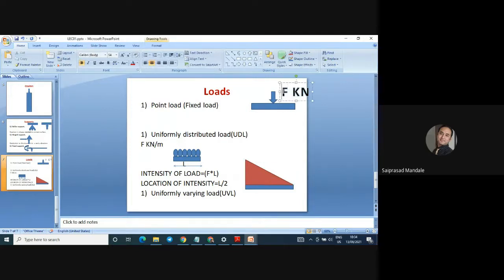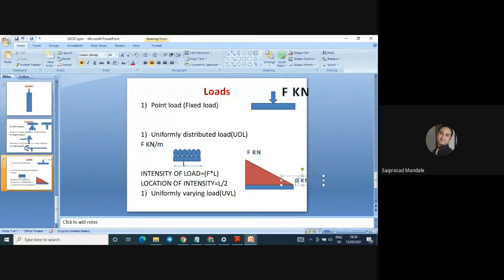If I say the intensity of that varying load varies from 0 kilonewton to F kilonewton, minimum to maximum, this inclined line indicates that the intensity of the loading increases.